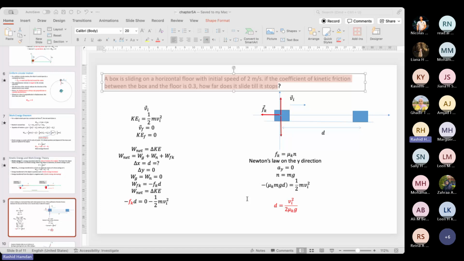Well, they use the work energy theorem. To solve this problem, we can use the work energy theorem, etc. They find the acceleration Fk over, no, they forgot g. They put it back in here, but they found the acceleration. Let me take a picture of it and send it to you.